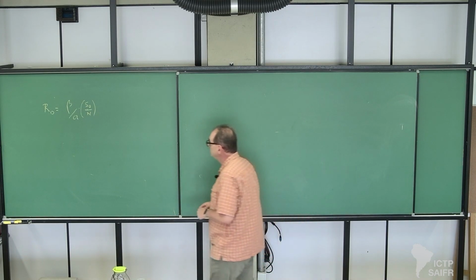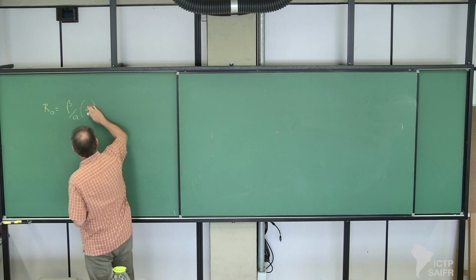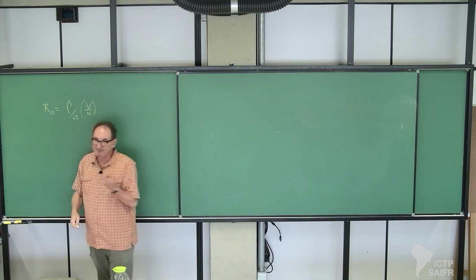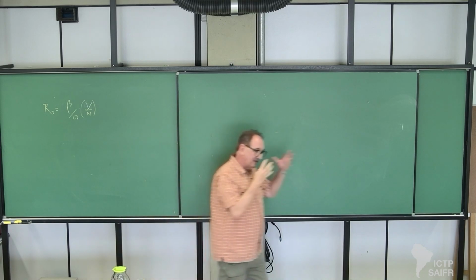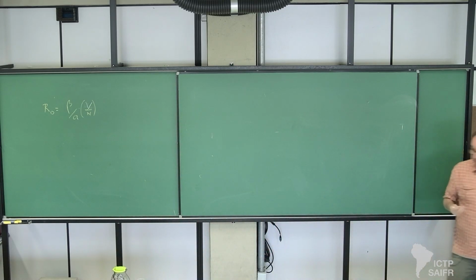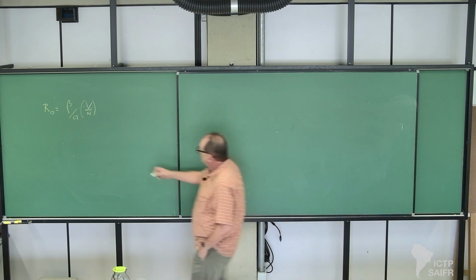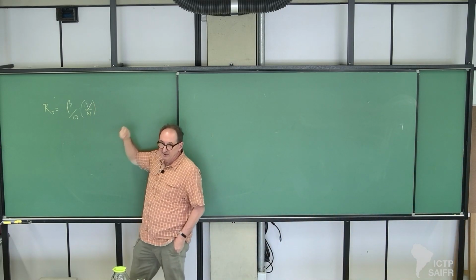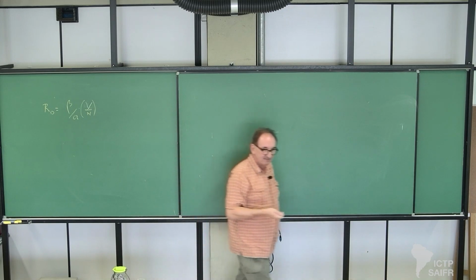Let me put a V here: V is the number of people that have been vaccinated, and V over N is the fraction of the population vaccinated.